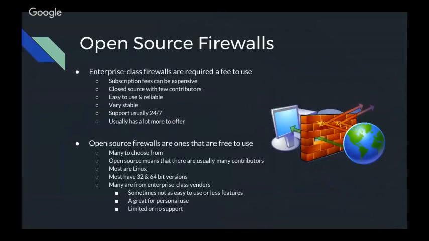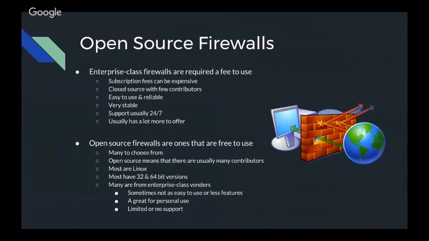Open source firewalls are firewalls that are free to use. They're different than enterprise class firewalls, which require a fee. The enterprise class firewalls usually have subscription fees that can be expensive. Their code is also closed source with very few contributors.